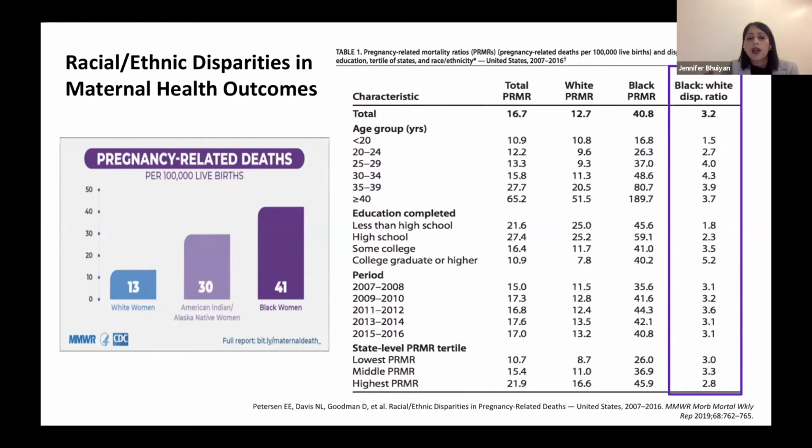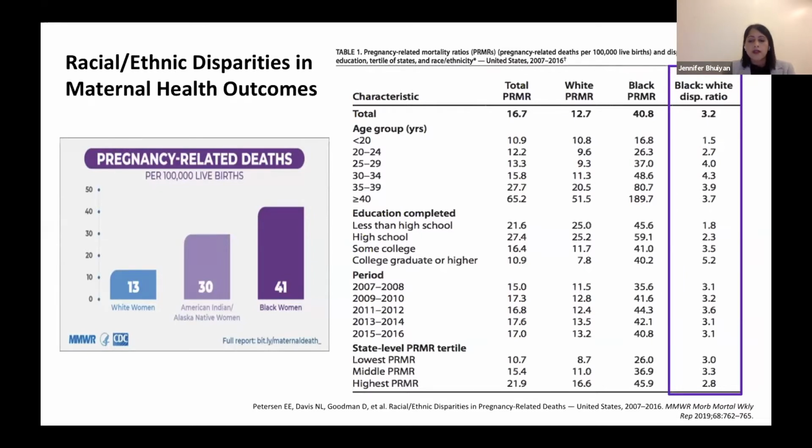You can see that across categories such as age, education level, and time period, these disparities persisted. And if you look at the states with the lowest pregnancy-related mortality ratios, that disparity was still present between Black and white women.